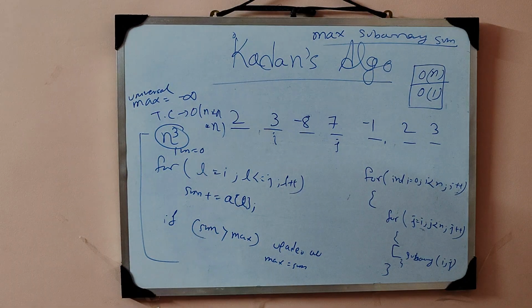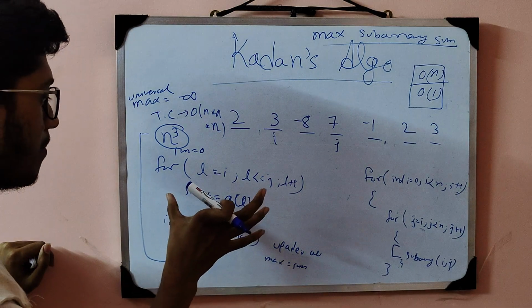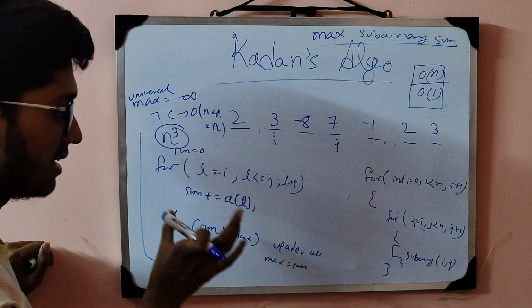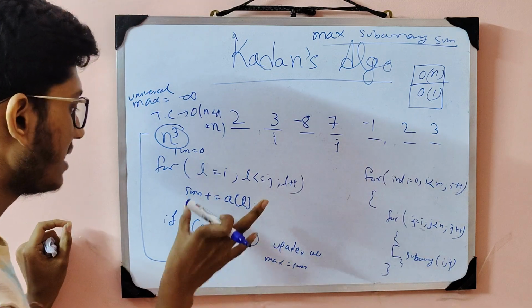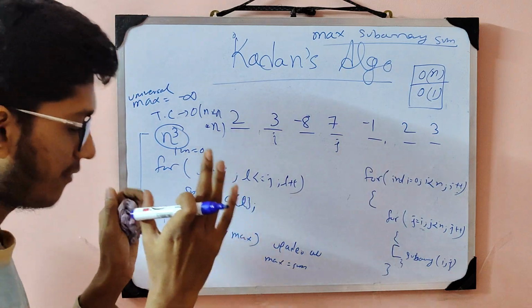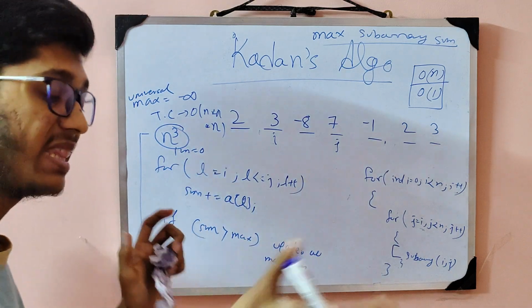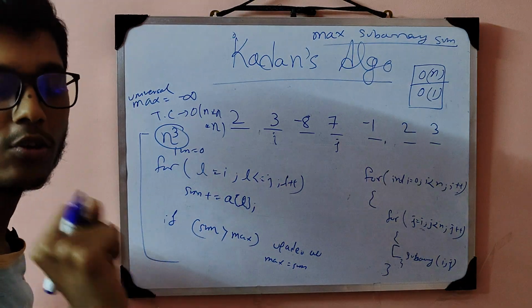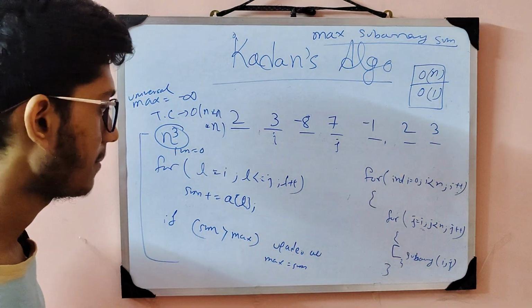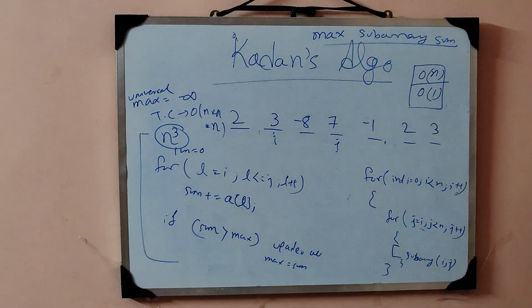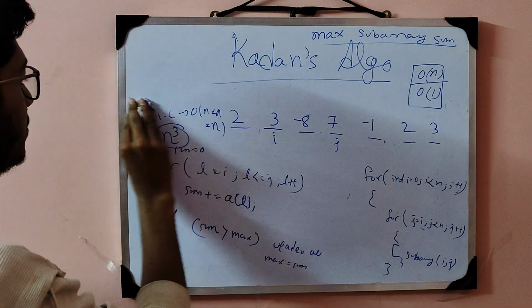So what can we do here to save our time? Is there some way to get the sum of a subarray in an array in constant time? Can we do that? Is it possible or not? Okay, let's check.